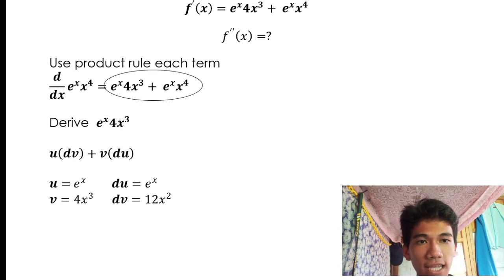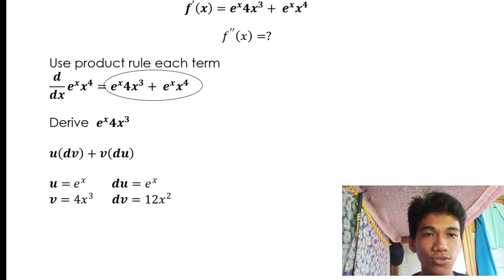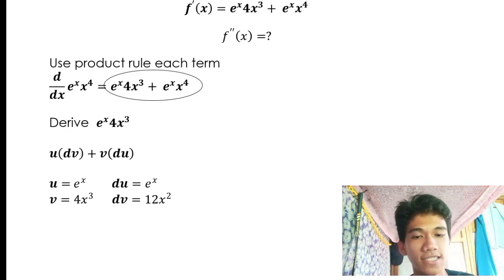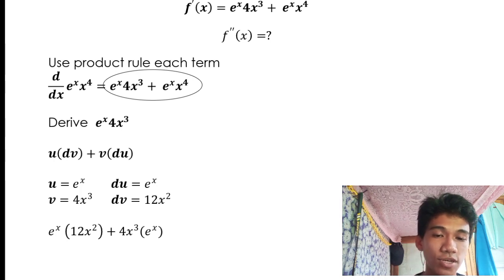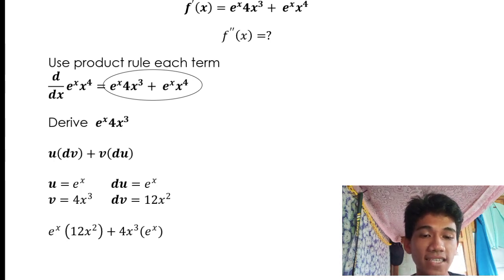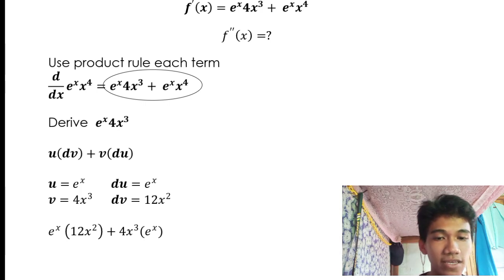After we list down all the values, we substitute them into the formula given to us. First is the u, so we substitute e raised to x, times the derivative of v, which is 12x squared, plus the v, which is 4x cubed, times the derivative of u, which is still e raised to x.